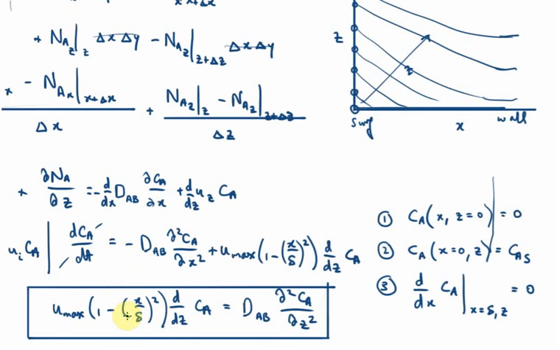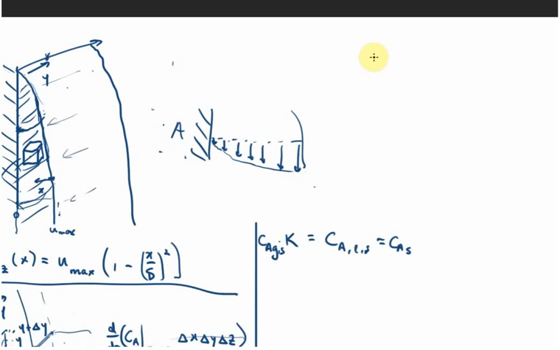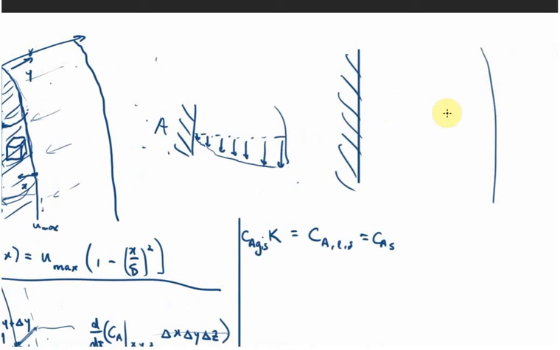So if we think about this form, if we imagine the form to be thick enough, so let's take the wall here, and if we imagine that this film is thick enough, or another way to look at it is if this wall is long enough, and if we look far enough down the wall, then we can imagine that the film will eventually be thick enough that the diffusion of A into the film is not as fast as the convection, the falling of that film.